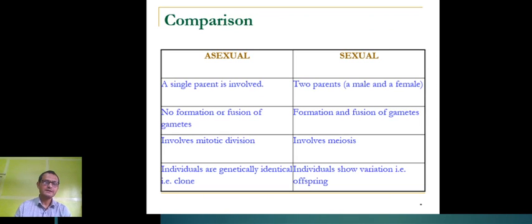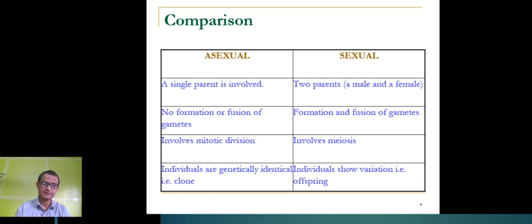Now see, asexual reproduction, as the name indicates, is the non-sexual type of reproduction. In sexual reproduction, two different parents, a male and a female, take part.